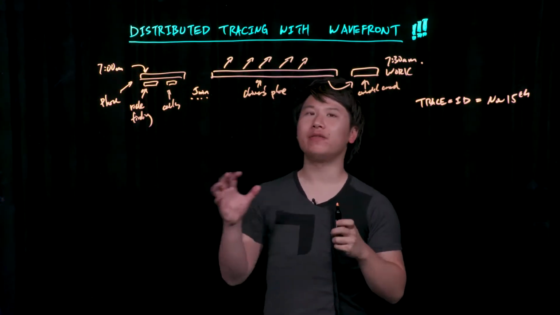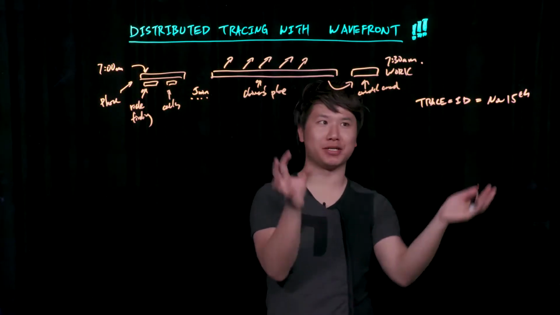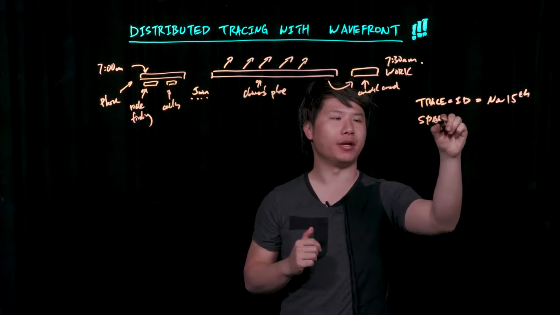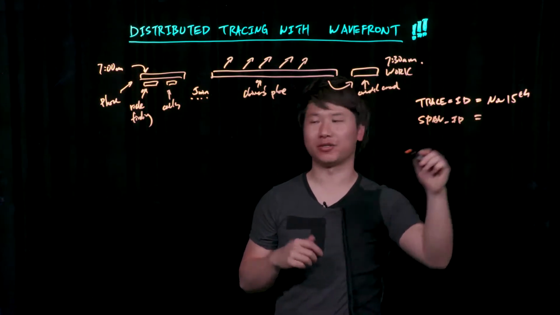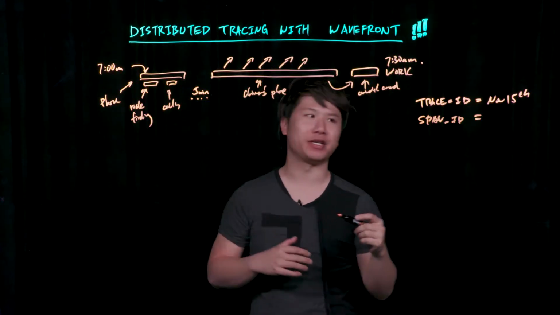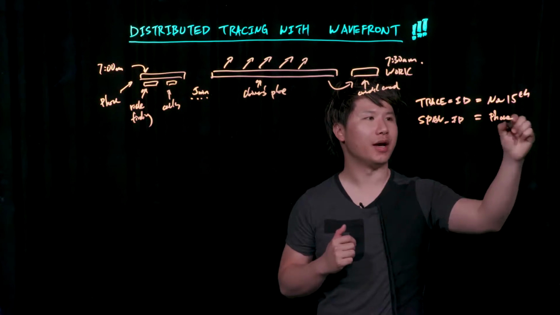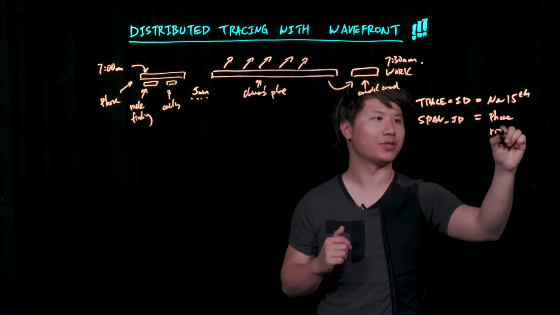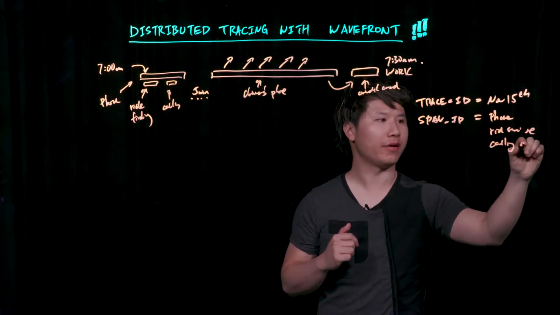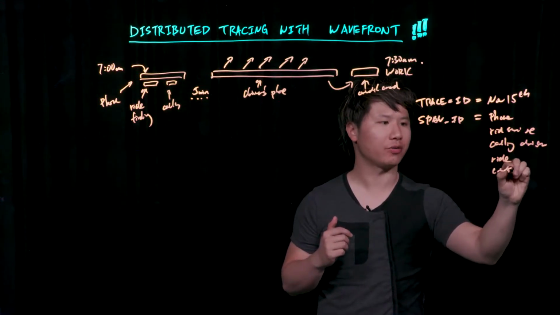All of these small bits of action that comprise this entire trace are what we call spans. In traditional parlance, these are typically just globally unique IDs. But in this case, you could imagine this is the phone, then a ride service, then the actual calling of the driver, then the actual ride, and then the credit card authorization.